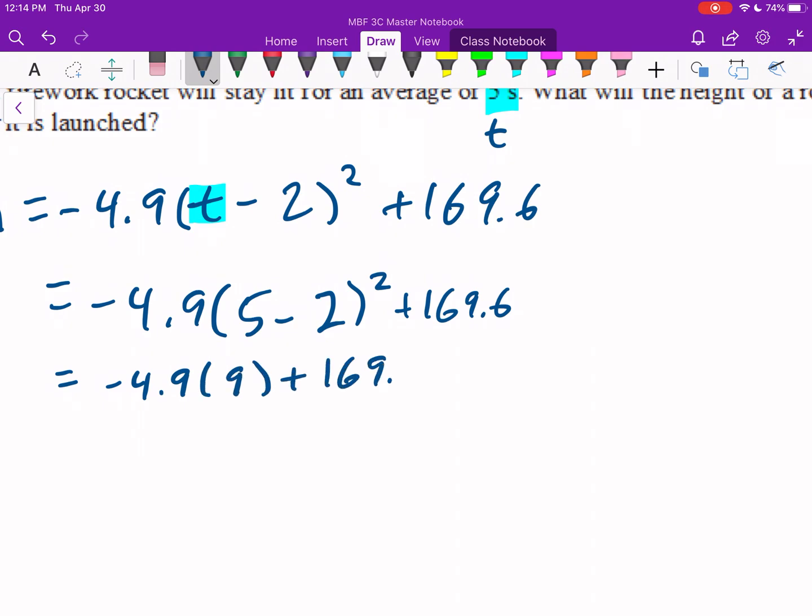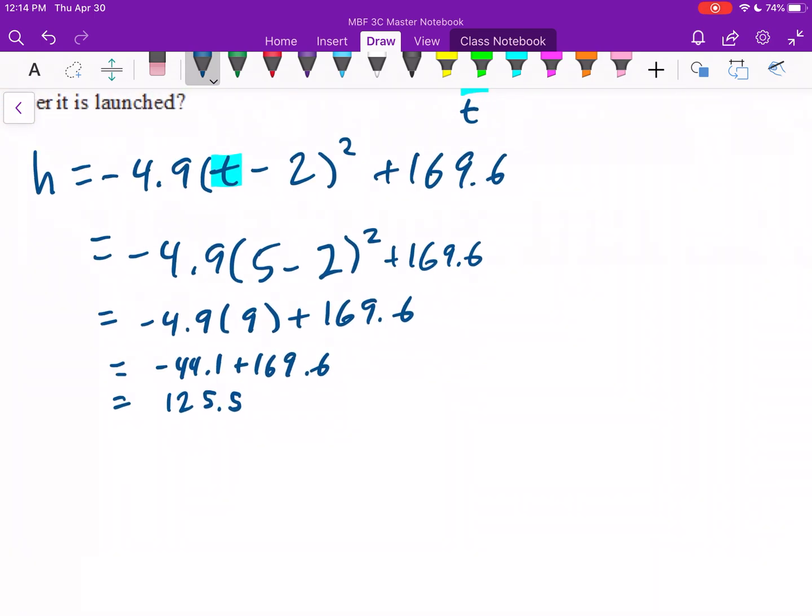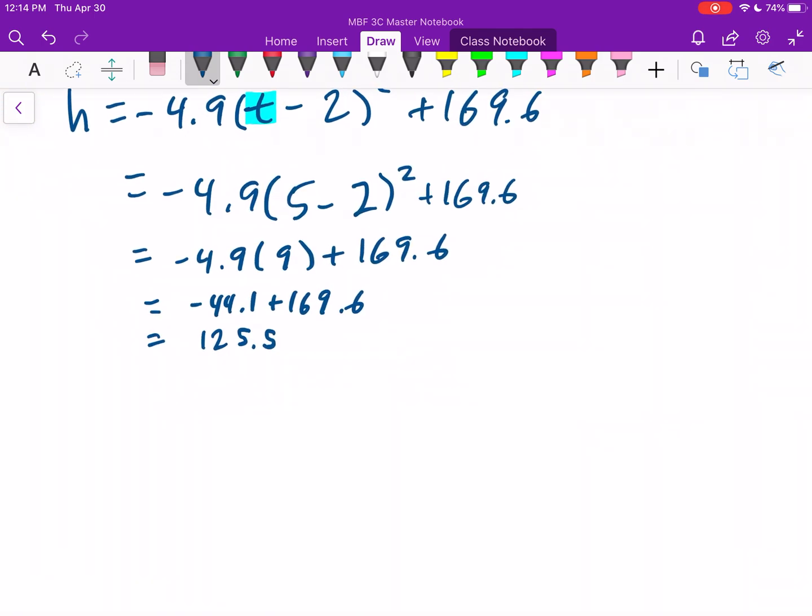Then we're going to multiply it by negative 4.9. So since we're in the decimals, let me just grab my calculator. Negative 44.1 plus 169.6. I got 125.5. So that firework's going to fizzle out at 125.5 meters.